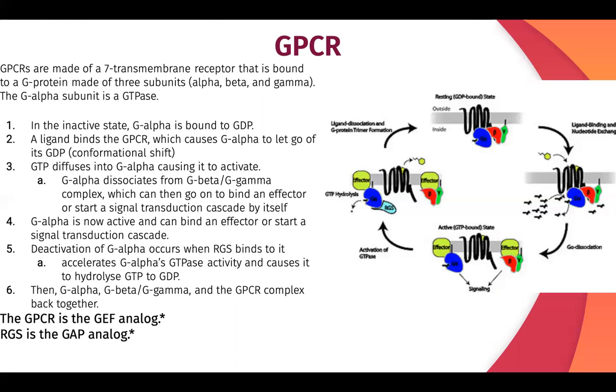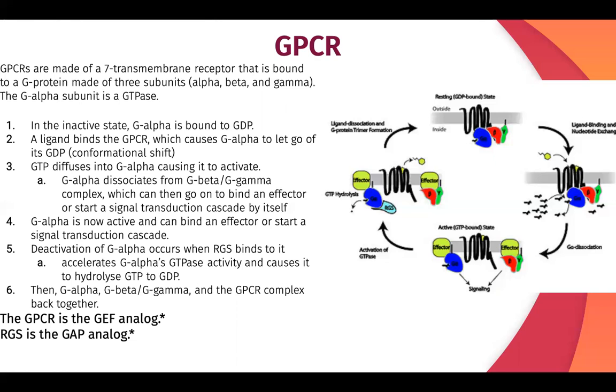Yeah, so GAP comes in and helps RAN be a better enzyme. RGS binds and helps G alpha become a better GTPase. Sorry, I wasn't clear about that. So this accelerates G alpha's GTPase activity and causes it to hydrolyze GTP to GDP faster. Then G alpha, G beta, and G gamma all come back together, forming the GPCR complex that we started with, inactive.